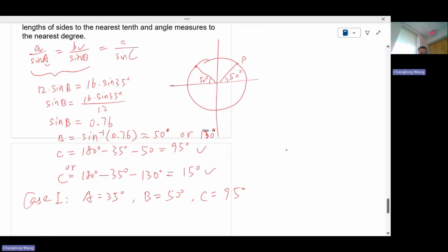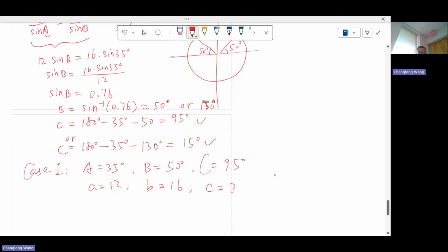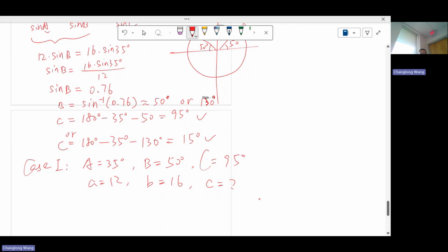A and B, so little a is 12, little b is 16, and we're missing little c. I know that looks pretty much the same as the capital C, so let's make this a bit bigger. Capital C. I'm sure that you know how to figure out the little c. Everything's given except for that little side out there.